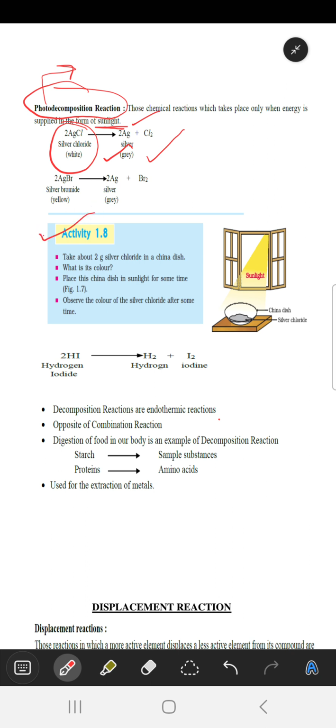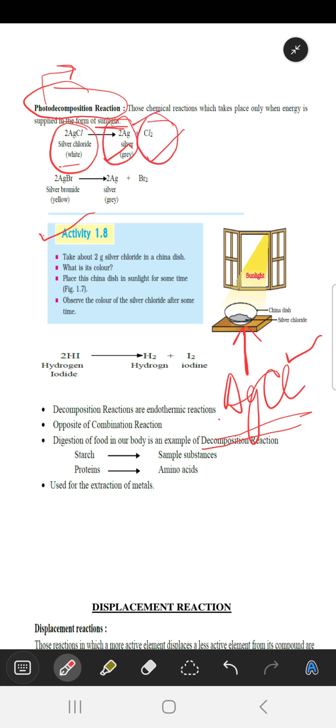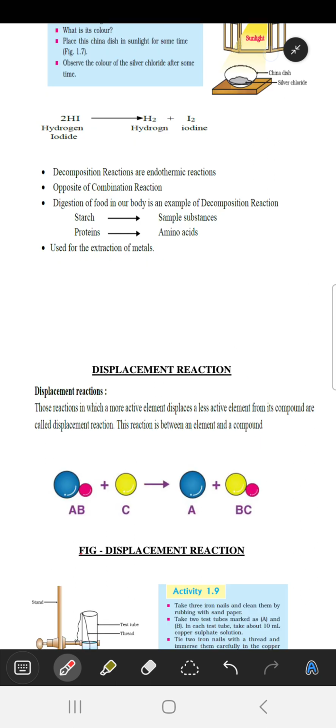In this activity we are taking a bowl in which we have taken silver chloride. The silver chloride is kept outside in the sunlight. The silver chloride breaks down into silver, and chlorine gas evolves.